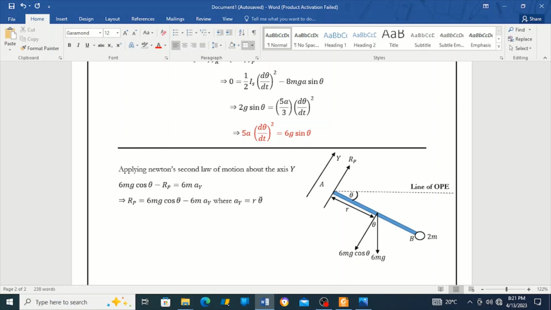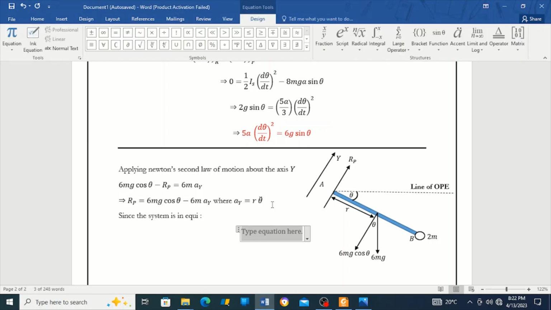We are going to use the principle of moments. Since the system is in equilibrium, the sum of the clockwise moments of the individual parts is equal to the moment of the whole system. We take moments about the axis y.